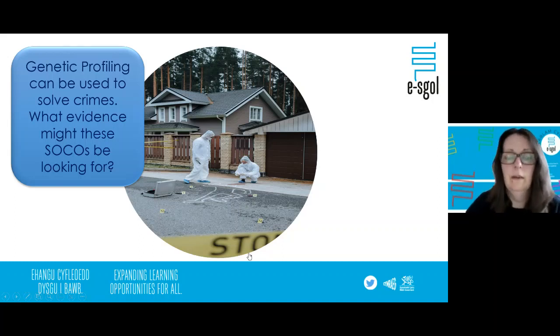So there's been some sort of situation here. What evidence might they be looking for? So let's have a think. You can see here on the ground that there are various numbers that have been placed where they would be collecting evidence. Now, once that evidence has been collected, we would then look at that evidence and try and interpret it and use our scientific information, our genetic profiling, to try and help solve a crime.